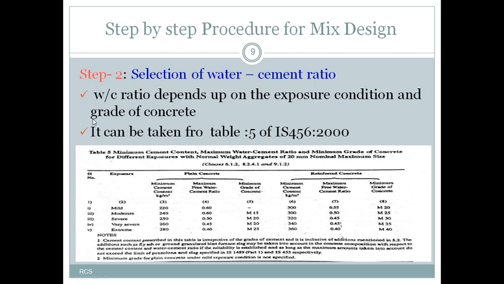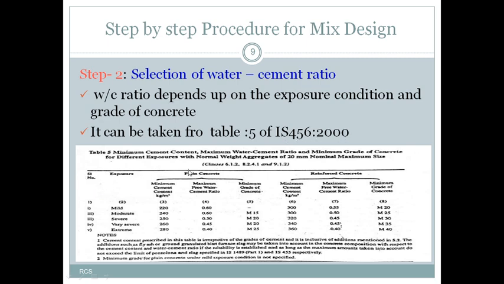This is a very crucial step. The water cement ratio depends upon the exposure condition and the grade of concrete you are designing for. What do you mean by exposure condition? I already explained this in my last class, when discussing the properties of concrete. The water cement ratio can be taken from Table 5 of IS 456:2000.